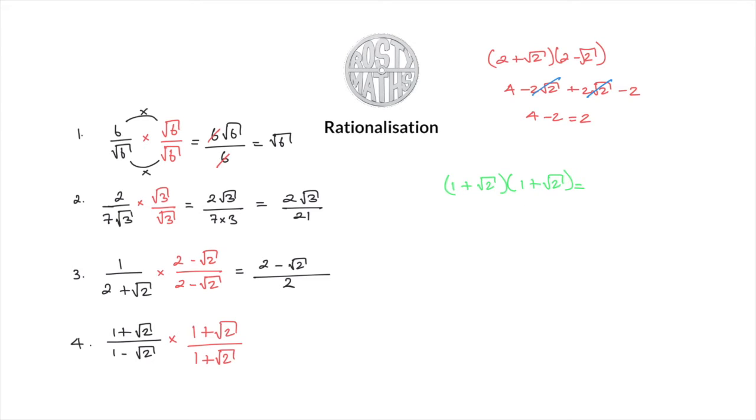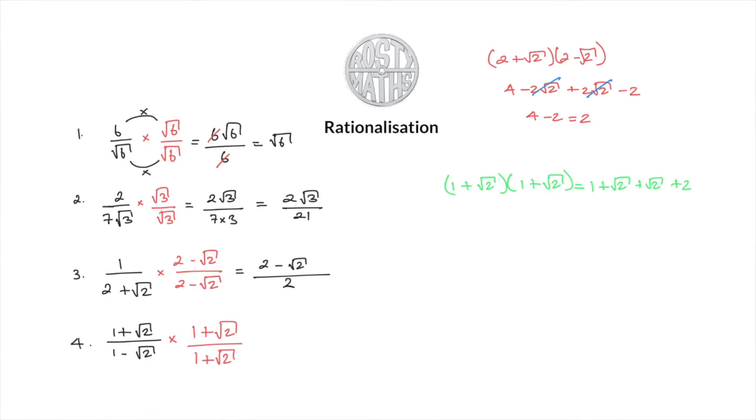First times first, that's 1. So now we do the outer, and for the outer, I'll do 1 times root 2. So that's going to be add root 2. Then we do the inner, 1 times root 2. So that's add root 2 again. And then we do the last, root 2 times root 2. That's just going to be 2. Now we can add the middle up.